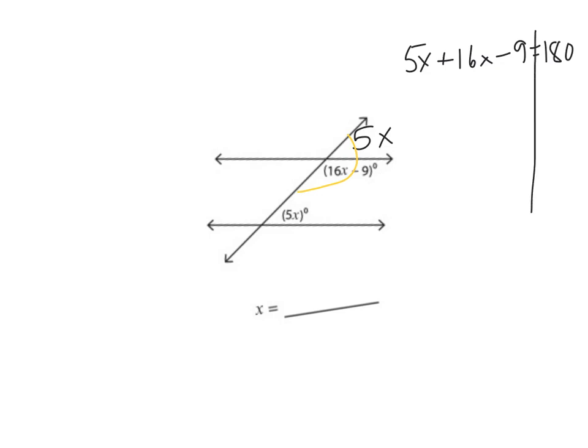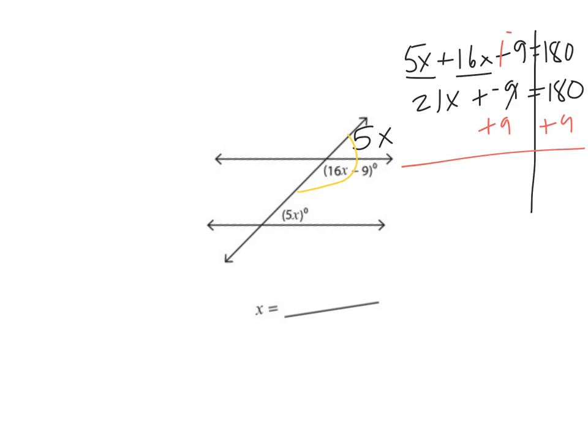We know how to solve that equation. Combine like terms: 21x plus negative 9 equals 180. Then I can add 9 to both sides, and that gives me 21x equals 189. I can divide both sides by 21, and I have x equals 9.